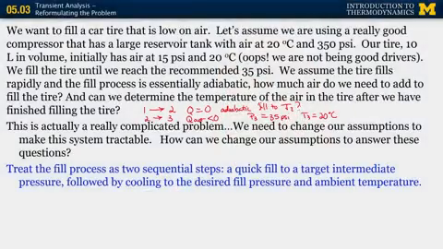Again, from steps 1 to 2, that hasn't changed. From 1 to 2, this is the adiabatic fill to T2. So the conservation of mass for steps 1 to 2 is exactly the same as what we had before: M2 minus M1 is equal to M_in.